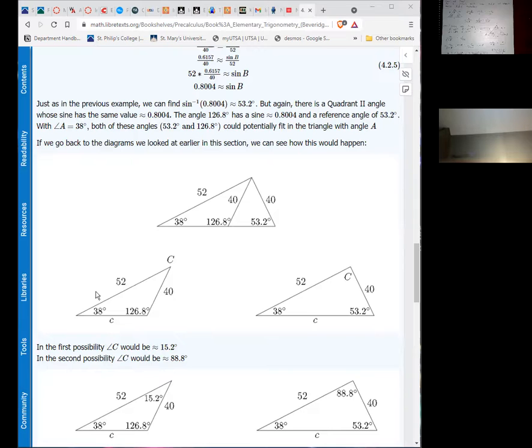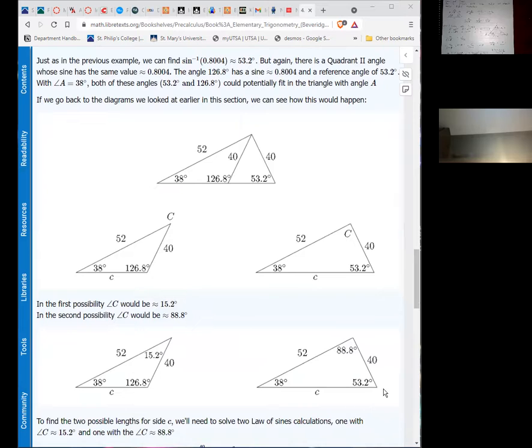And here's the two scenarios separated. Maybe this is more clear. So if I go inward, this side has changed, right? This angle has changed. If I go outward, this angle and that angle have changed, right? But the 52 and the 40 are the same still. So this is the case where you have two triangles.